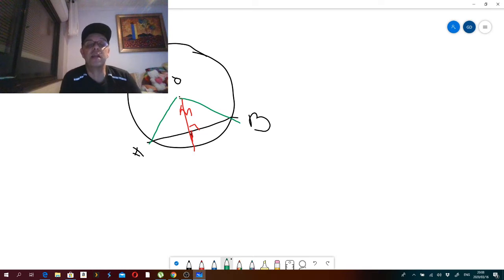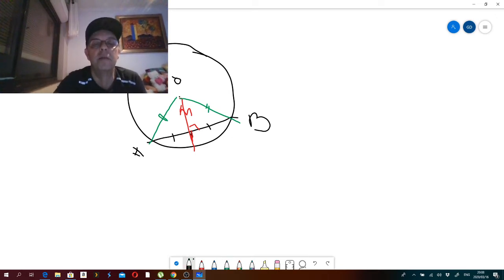So they firstly are equal in length. That's something we can say about them. So let's mark them. Equal in length. The other thing that we can do is we can say that the line from A to M, or AM, must also be equal to MB. So let's mark those.